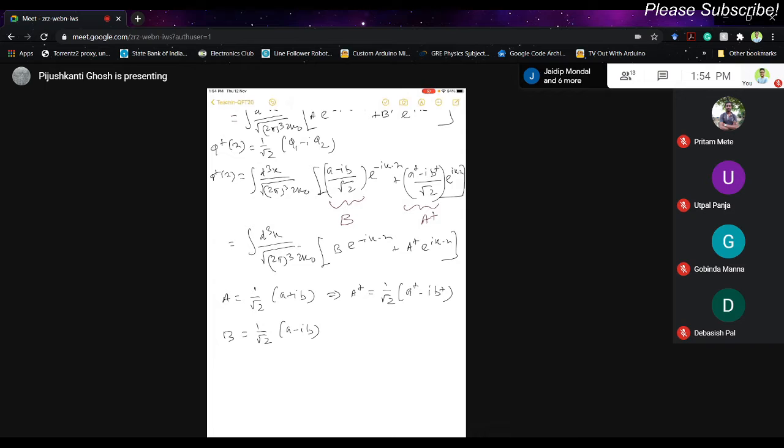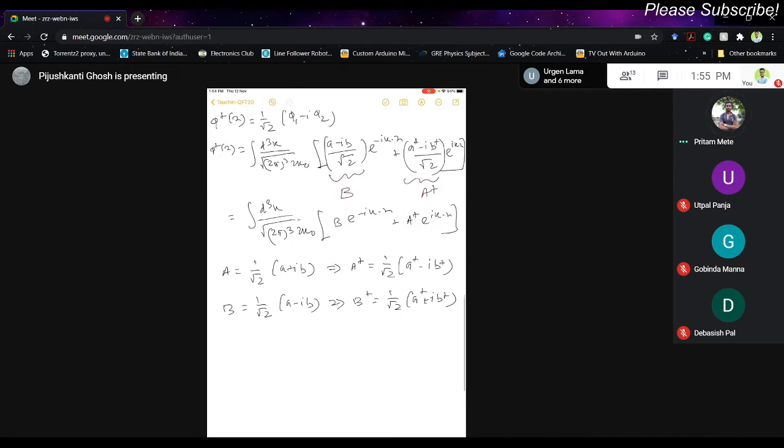So A and B are really independent operators. And this follows B dagger. So 1 by root over 2 (A dagger minus iB dagger). Clear?